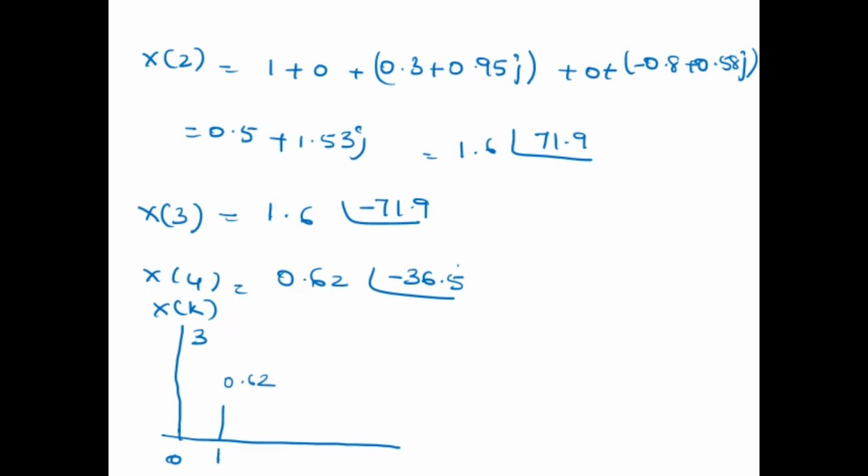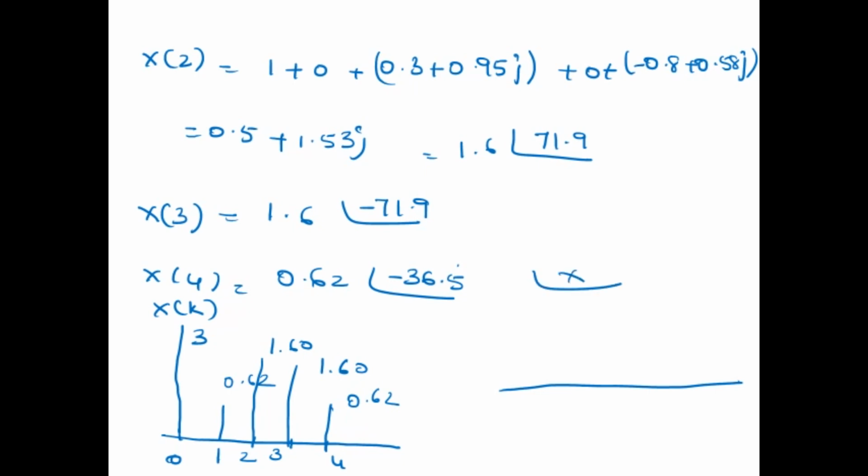At 2, magnitude is 1.60, at 3 magnitude is once again 1.60, and at 4 it is 0.62. This is the magnitude spectrum.